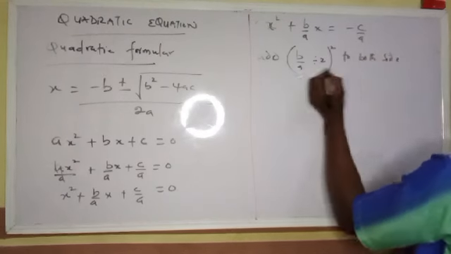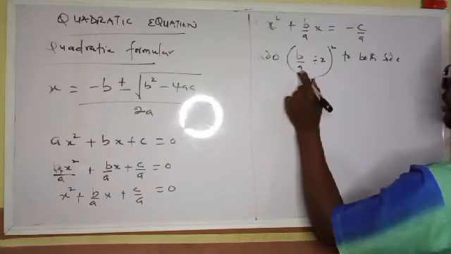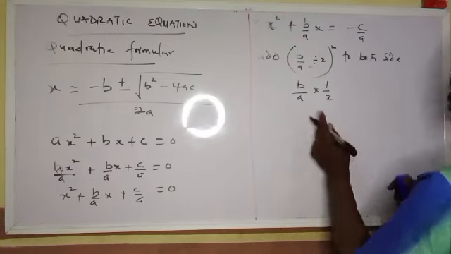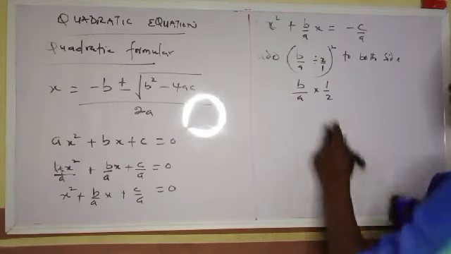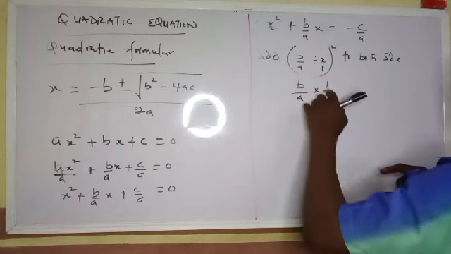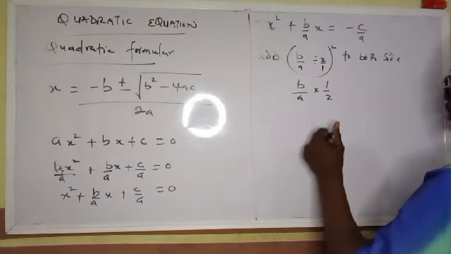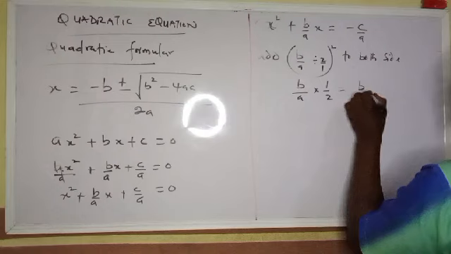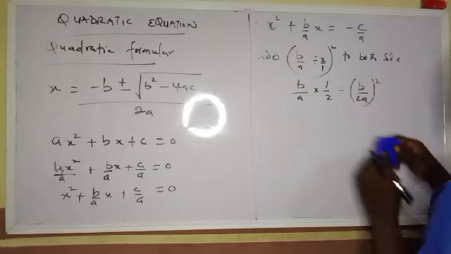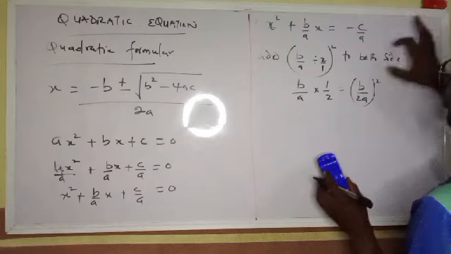So how do we do that? This expression is the same thing as b over a times 1 over 2. So 1 over 2 over 1 will change to 1 over 2, and this sign will change to multiplication, which is the same thing as saying b over 2a, then everything squared. So let's add this to both sides of the equation.